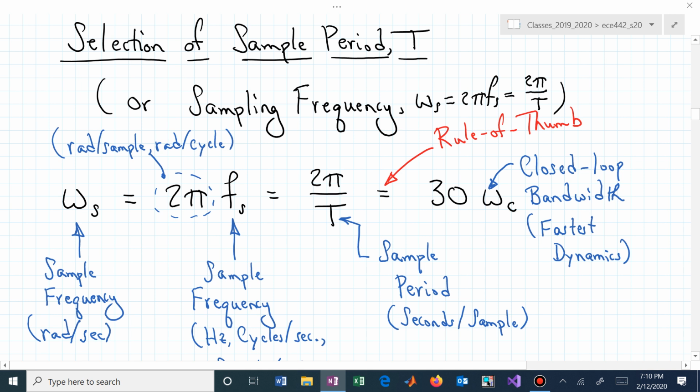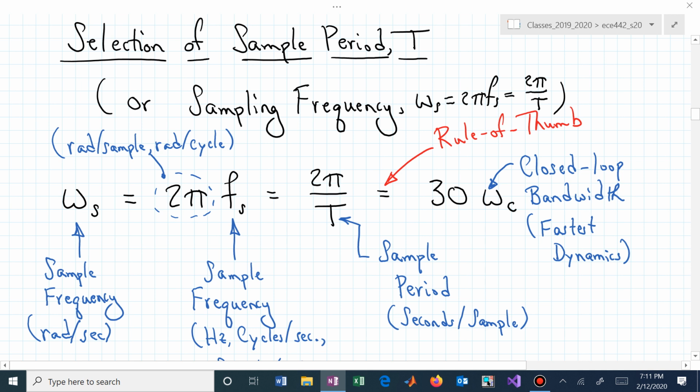Suppose somebody says, or maybe you're given a transfer function and they say, what's the sample period? Or maybe you're given an electrical circuit, and you're now asked, tell me what is the sample period, capital T, if you want to discretize the natural response of that circuit. You would then need to find the transfer function of that circuit, identify the poles, find the fastest pole.